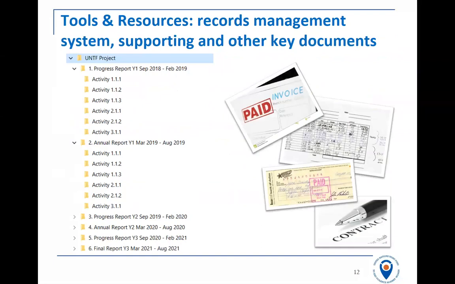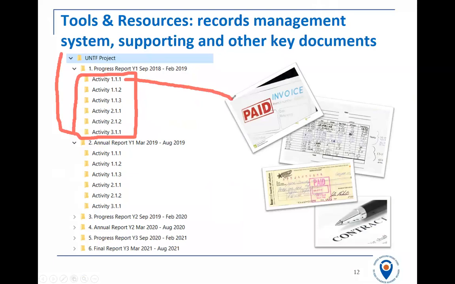You probably have your own methods, but if not, what we've suggested is that you start a filing system that, as you can see here on the left, is an example where on your computer you have filing folders for each project activity. And so for each project activity, you would be able to save your invoice. So here's an invoice for activity 1.1.